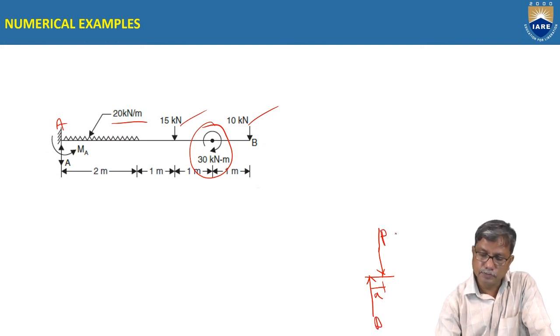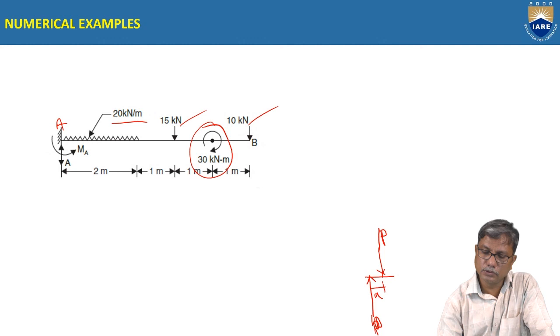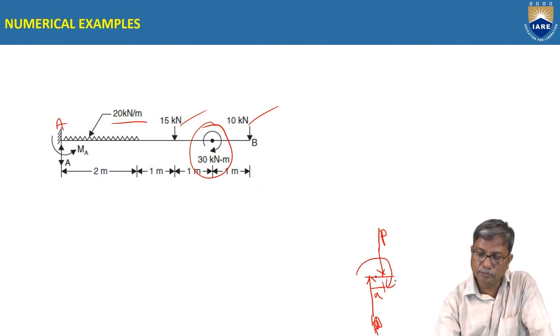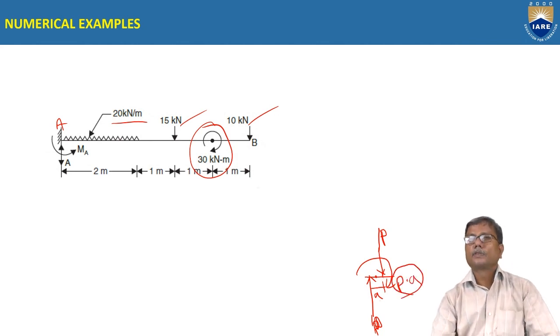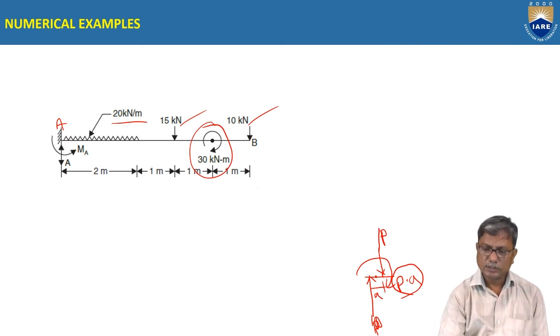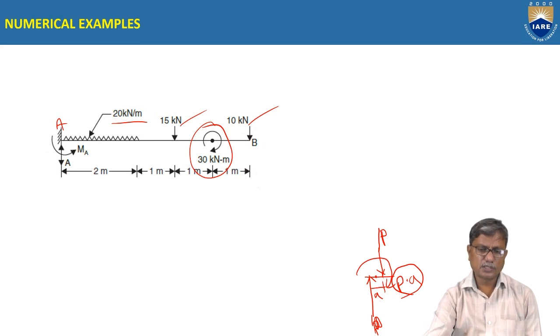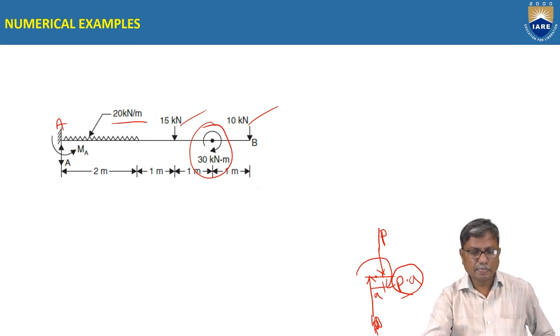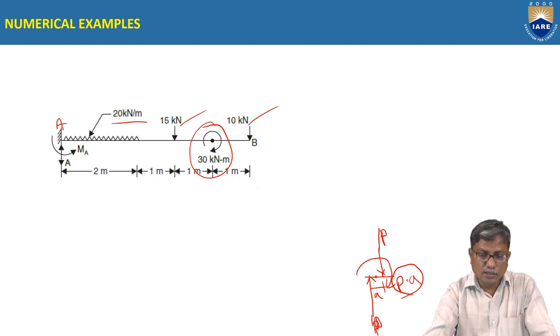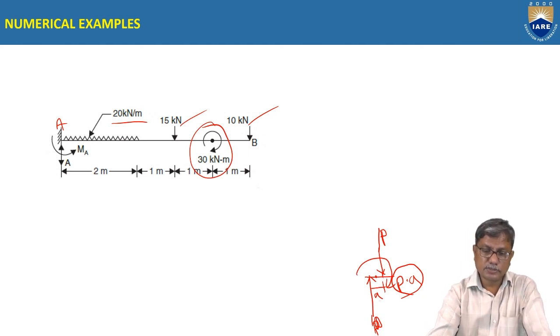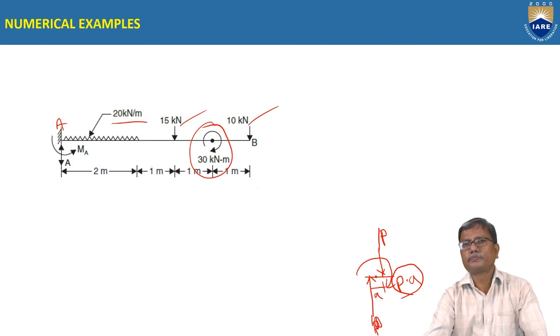If two equal and opposite forces P are separated by distance a, they produce a couple. What is that couple? P into a. So that is given to be 30 kilonewton meters. It's a concentrated moment, we can say. And the span of the beam is 2 plus 1 plus 1 plus 1, that is 5 meters.